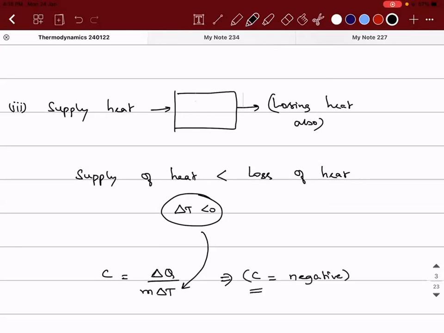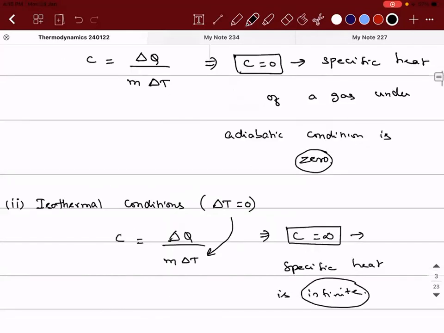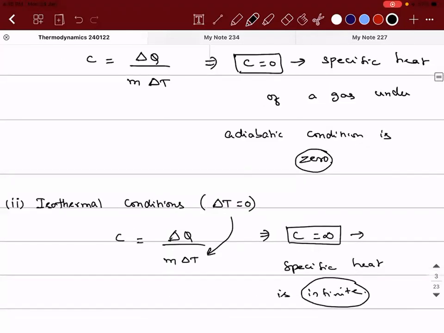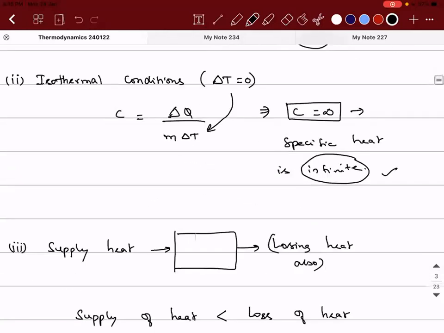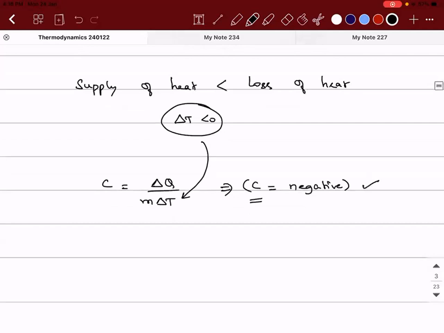So what is the important conclusion that we can draw from here, guys? We are able to see that the specific heat of the gas can either be 0, or infinite, or negative, or it can be positive also.